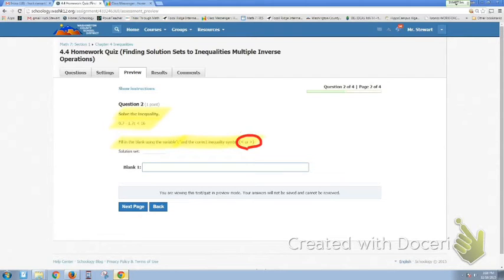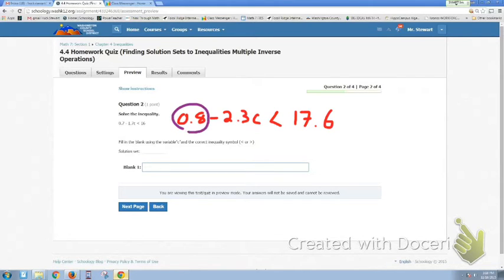Okay, so here we go. I'm going to make up one of my own. Here's an inequality that is similar to what you have over here. It's not the exact same, so just bear with us. The first thing we're going to want to do, just like in Chapter 3 in equations, is undo the positive and negative stuff first.